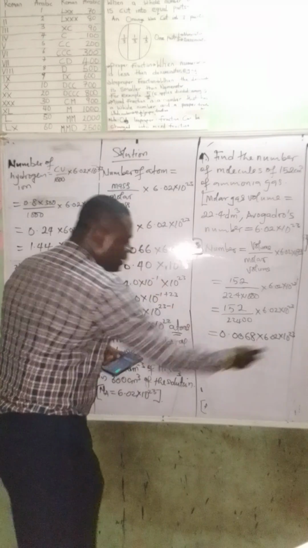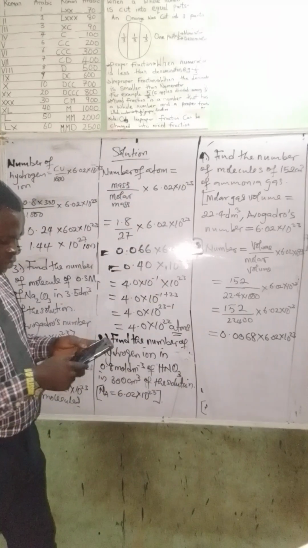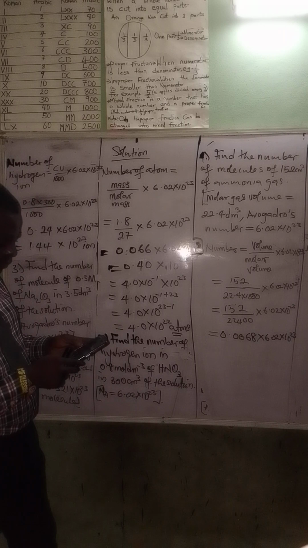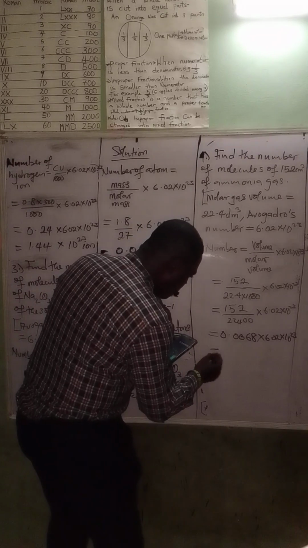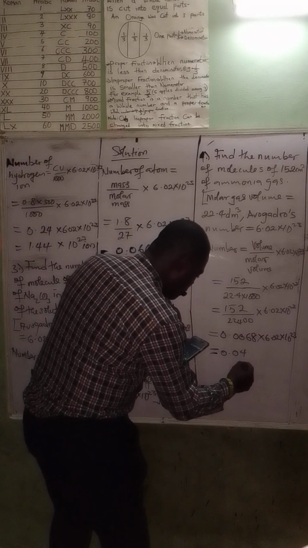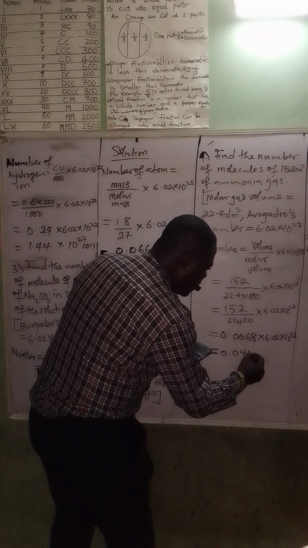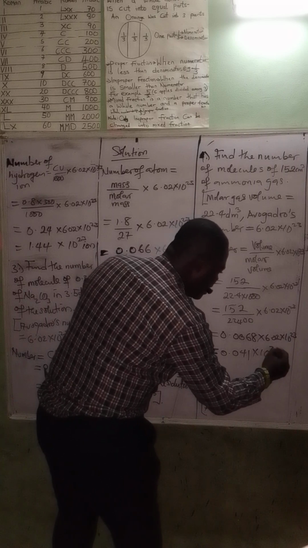Now let's use this to multiply this. We have 0.0068 times 6.02. Our answer is 0.041. Then times 10 to the power 23.